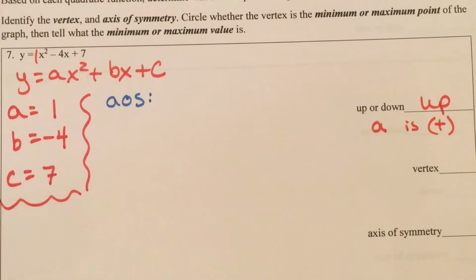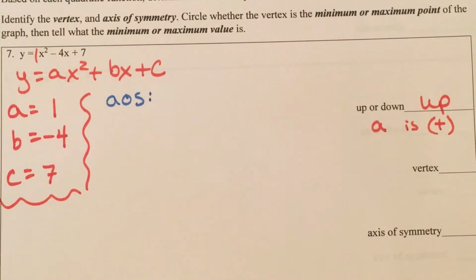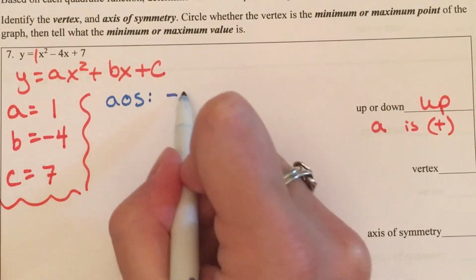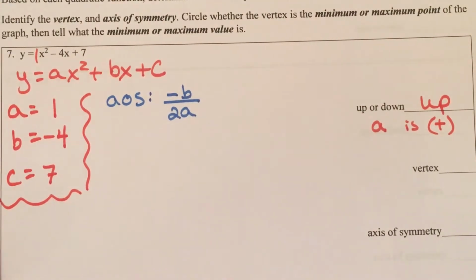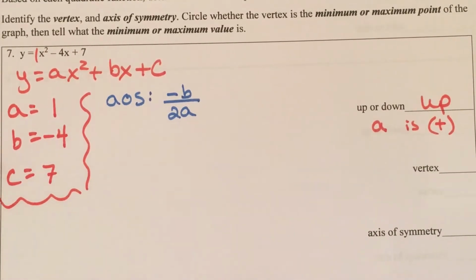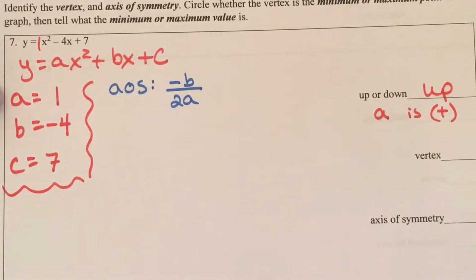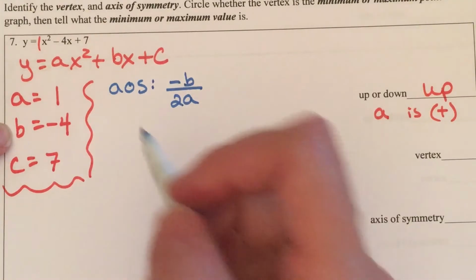We discussed in a previous lesson, there's a very small little equation to help us find it. Do you remember what it was? Negative b over 2a. So we just found a, b, and c just a minute ago. Let's go plug these in.